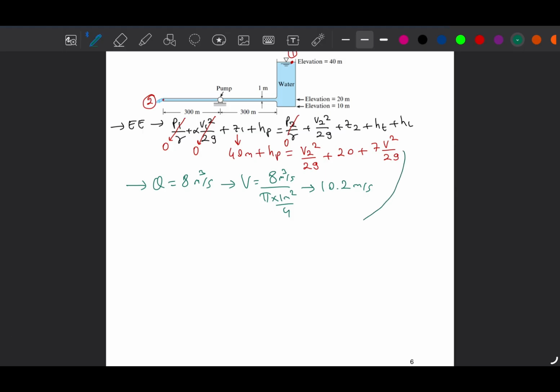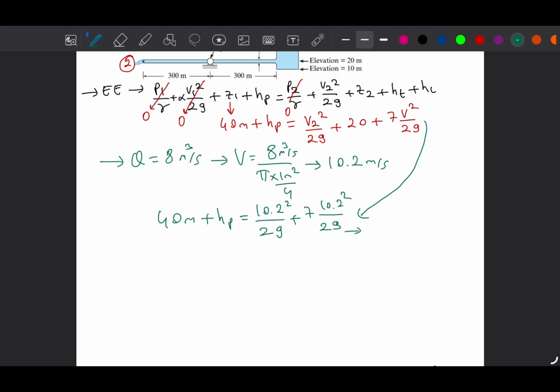And if you go back to this equation, we have 40 meters plus the pump's head equal to 10.2 squared over 2g plus 7 times 10.2 squared over 2g.